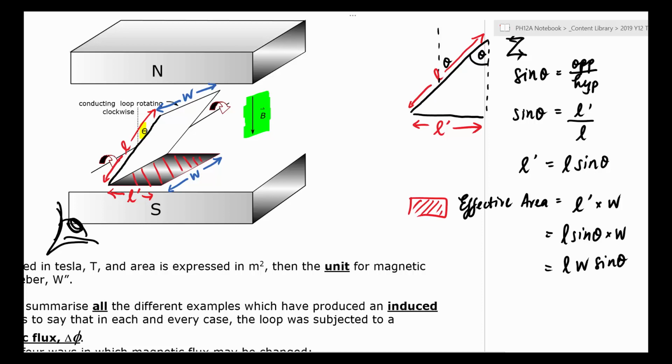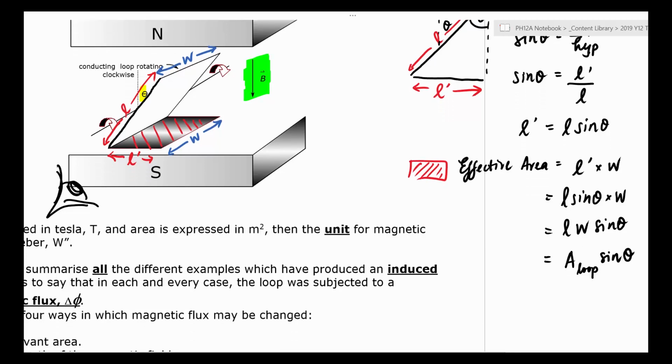Well, we also know LW is something else: L times W is actually the area of the loop itself. So the effective area is always the area of the loop multiplied by the sine of the angle between the loop and the magnetic field lines. This is really interesting.